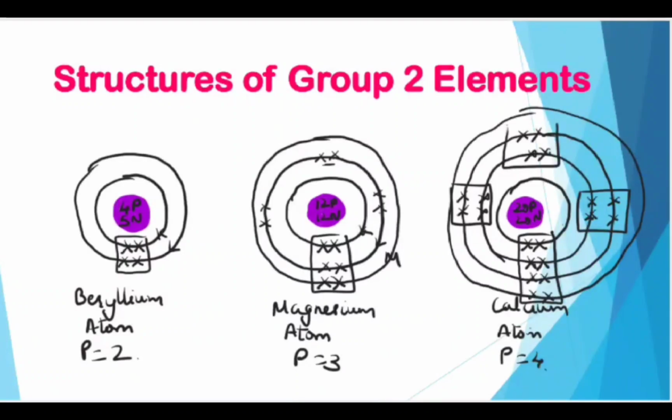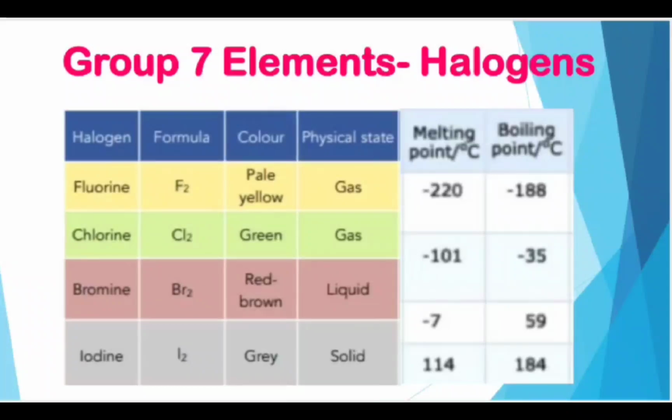Let's go to halogens now, children. Halogens are your group 7 elements. So what are the 4 halogens? Fluorine, chlorine, bromine, iodine. That means they have 7 electrons in their outermost shell.